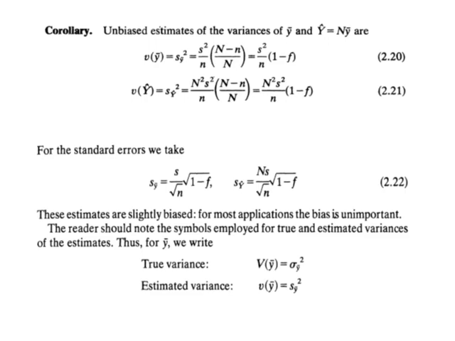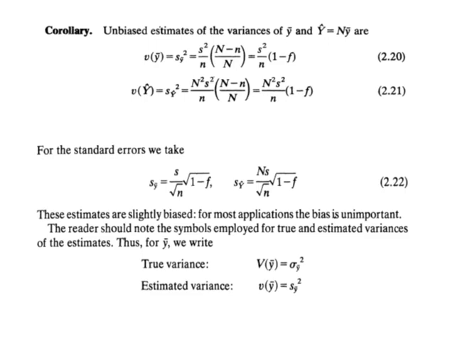Now we get a corollary, which gives unbiased estimates of the variances of y small bar and y hat equal to capital N times y bar. The variance estimate for y small bar is equal to s square over small n times (capital N minus n small) over capital N, which is equal to s square over n times (1 minus f).